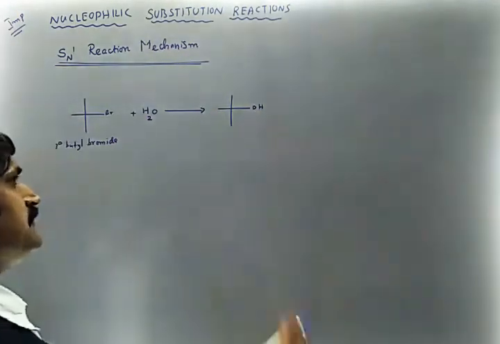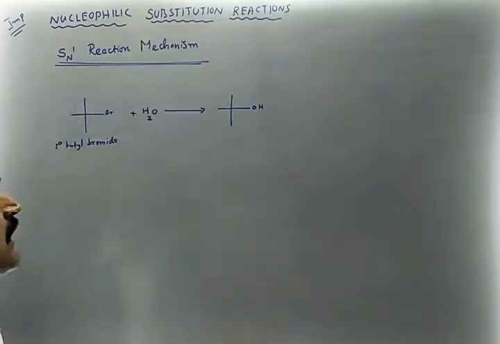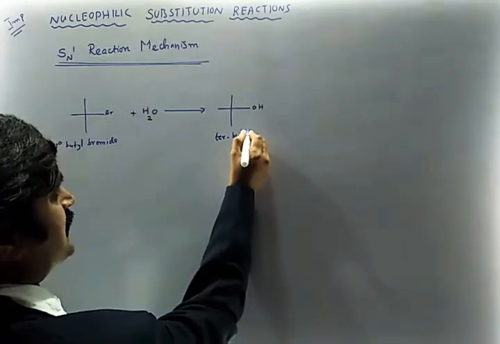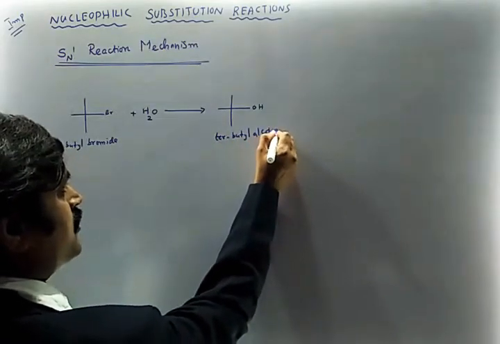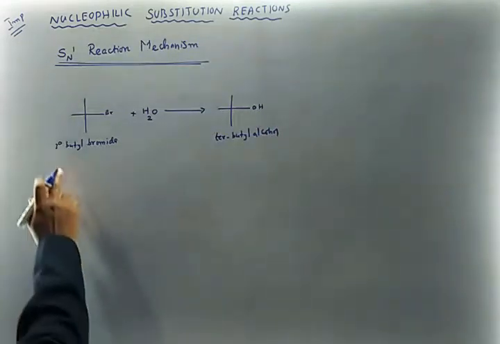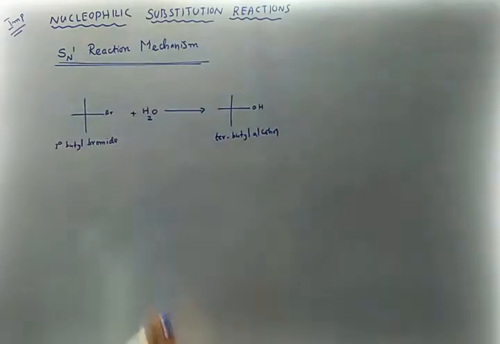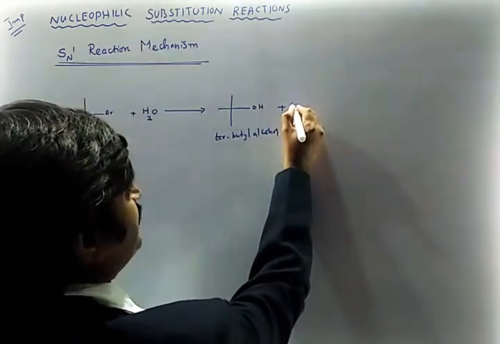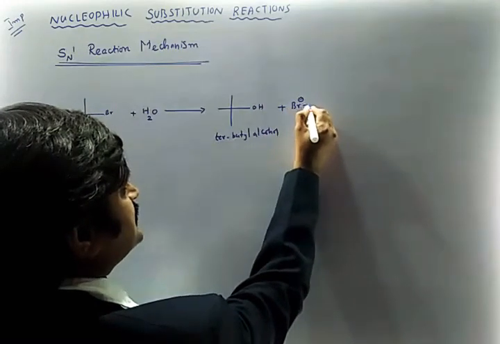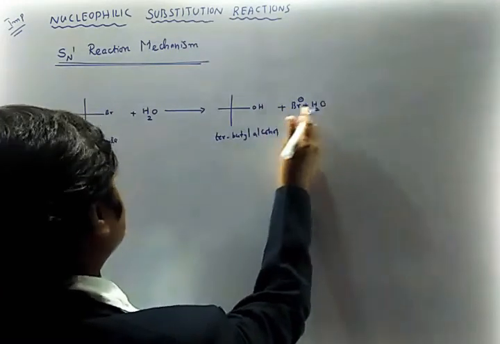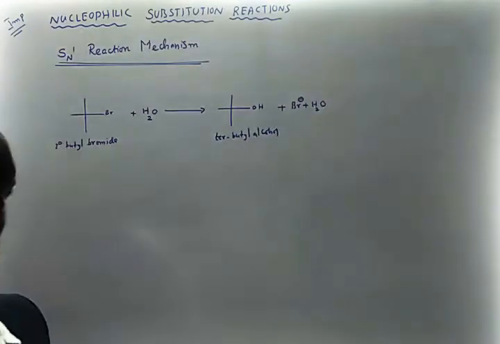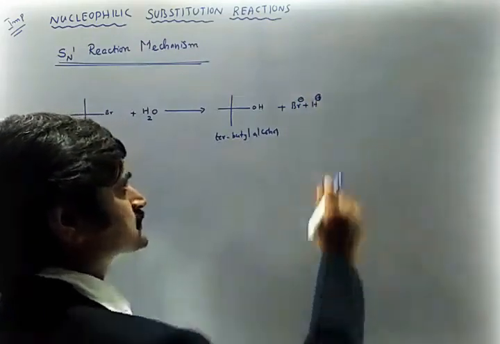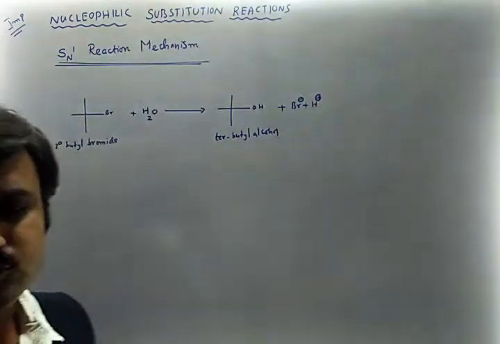An alcohol definitely will be formed, tertiary butyl alcohol. This is the tertiary butyl bromide, plus, you know this Br is a leaving group that will become Br minus, and also an H plus ion will be removed from the water.